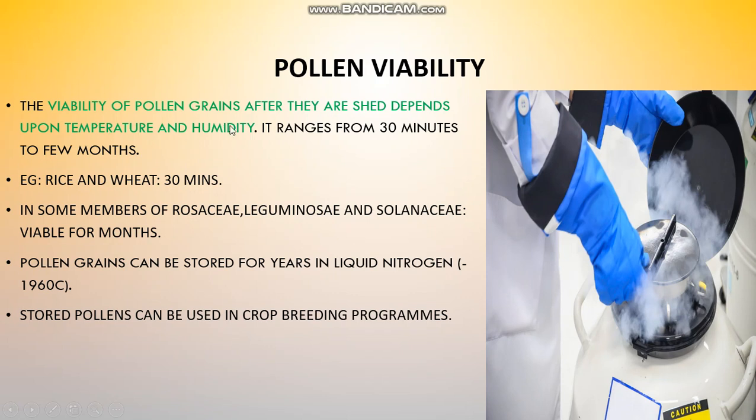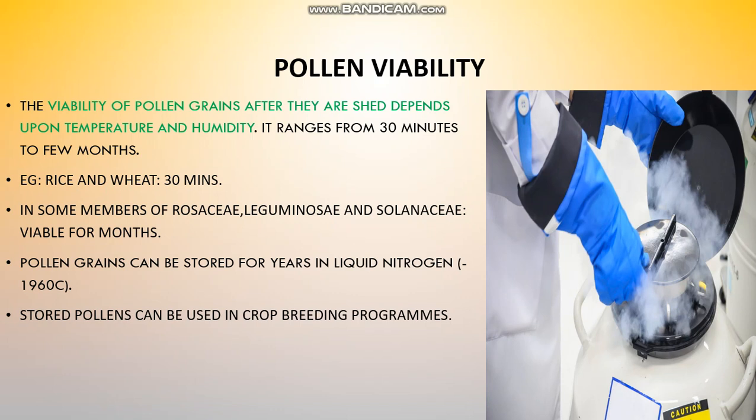One is temperature and the other is humidity. And the viability of different pollens is different. For example, the pollens of rice and wheat have a viability period of 30 minutes. Means once they are released, within 30 minutes, if they land on the stigma, they are going to germinate. Otherwise, they won't be able to germinate.